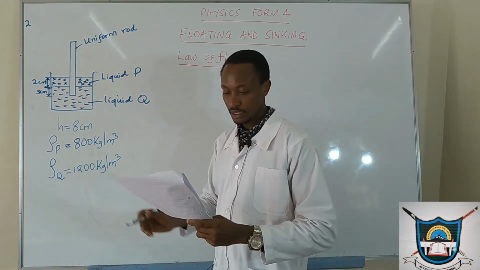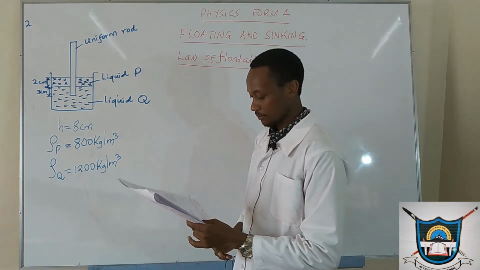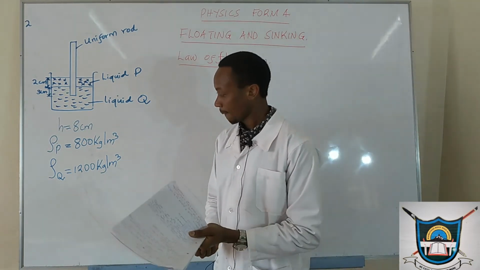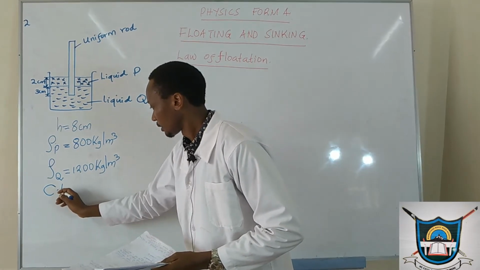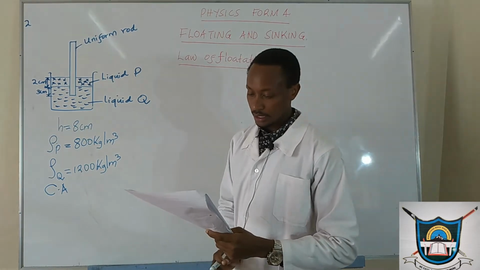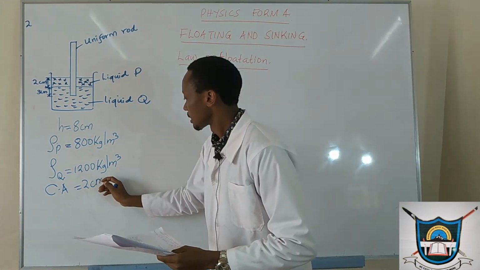The cross-sectional area of the rod is 2 centimeters squared.